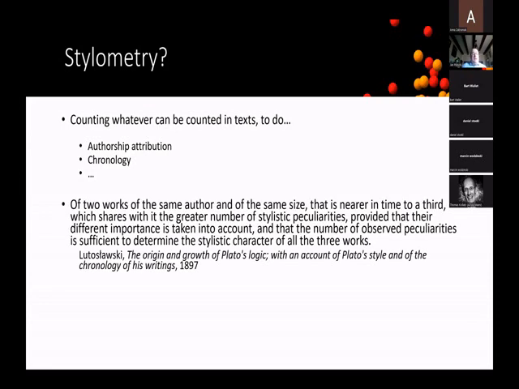In fact, the chronological approach is what gave birth to stylometry, when Wincenty Lutosławski, the crazy Polish specialist on Plato, decided to count the stylistic features of Plato's dialogues and establish what I hear is a fairly sensible chronology of Platonic dialogues.